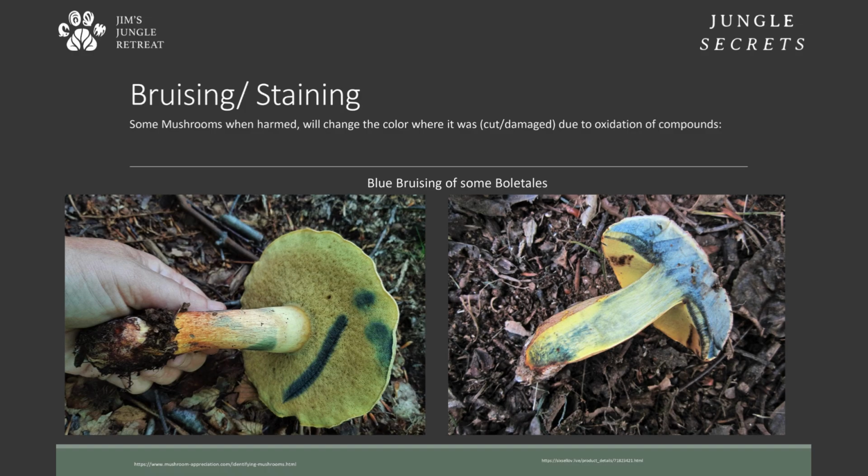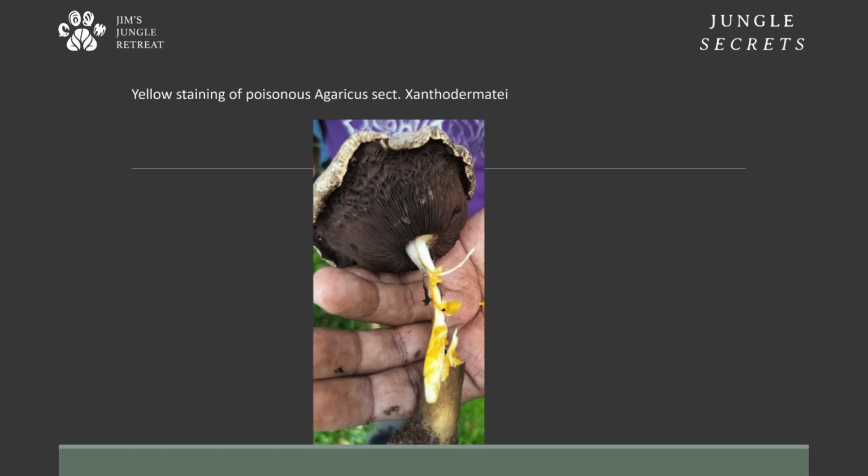Mushrooms like boletes, when bruised, turn blue because of oxidation of certain chemical compounds in them. There are certain mushrooms in the Agaricus family, a very edible mushroom family, but if they are bruised and turn yellow like this, they are not to be eaten because it's in the Xanthodermatei section, and that section is a poisonous section of Agaricus.